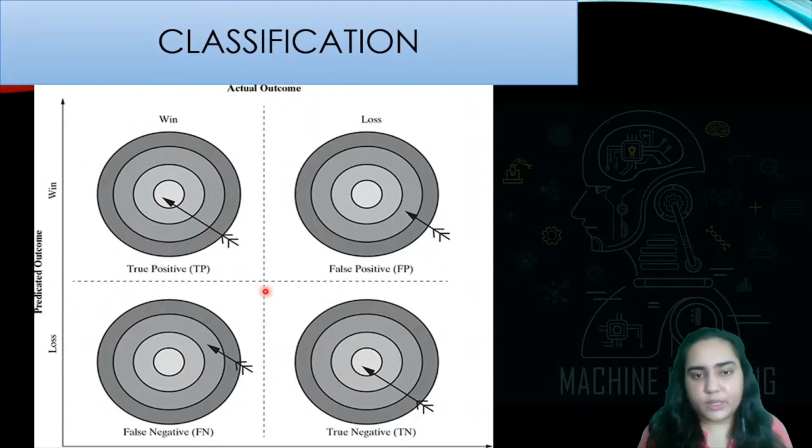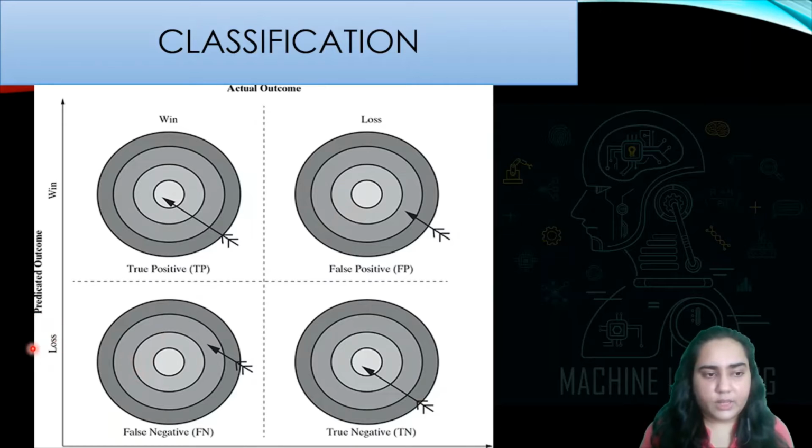So this is a diagram that is showing the same thing. So you can see in this diagram, this is the outcome on the vertical axis. You can see loss and win, two outcomes are there. So win is the outcome. And if the model has also predicted the team would win, then this is a true positive. So you can see this arrow hitting the bullseye. But if the outcome is winning, but the model predicted a loss, then it's a false positive, which means the arrow is not going to hit the bullseye.